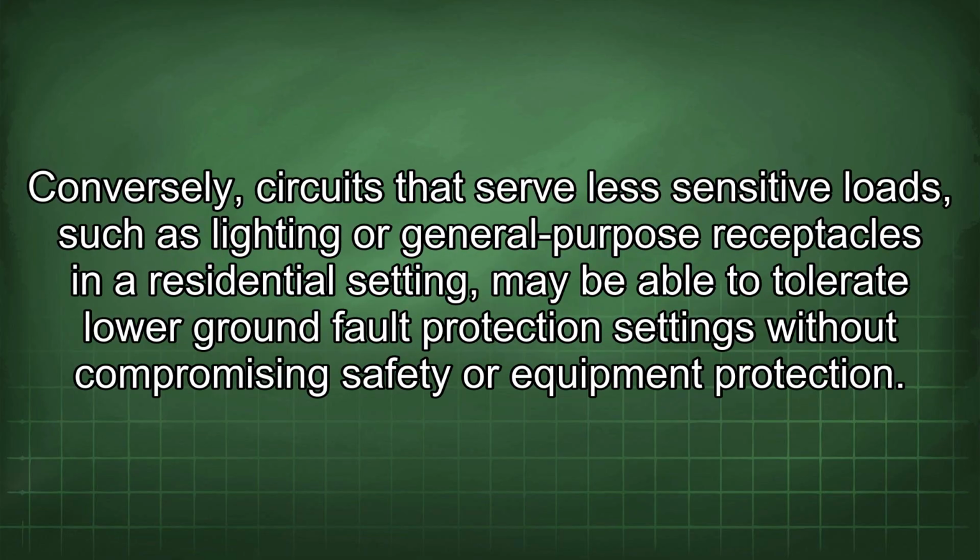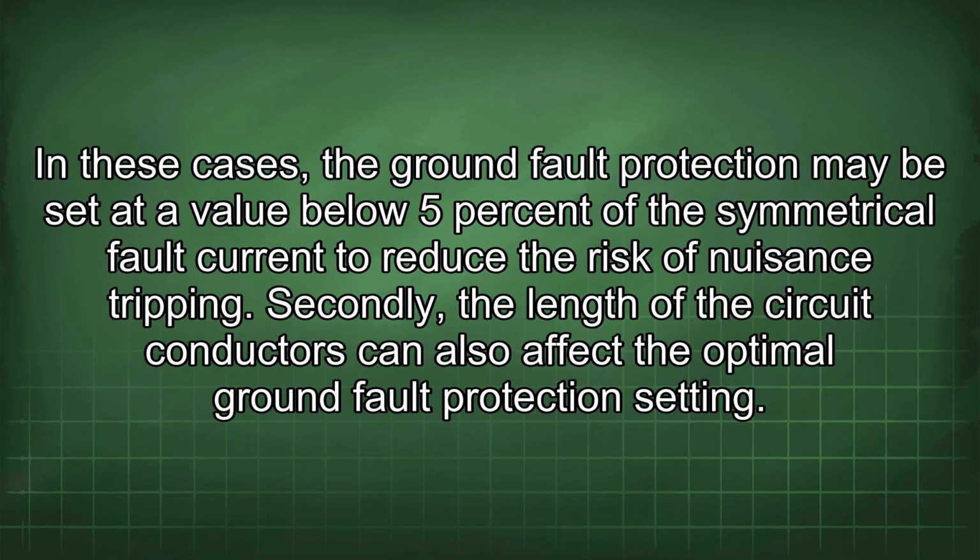Conversely, circuits that serve less sensitive loads, such as lighting or general-purpose receptacles in a residential setting, may be able to tolerate lower ground fault protection settings without compromising safety or equipment protection. In these cases, the ground fault protection may be set at a value below 5% of the symmetrical fault current to reduce the risk of nuisance tripping.